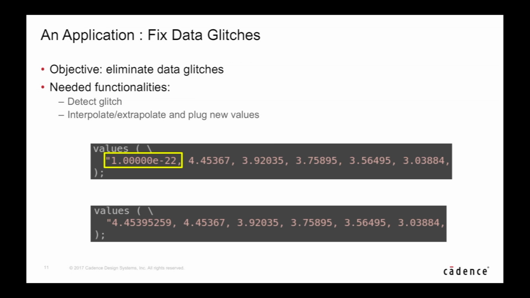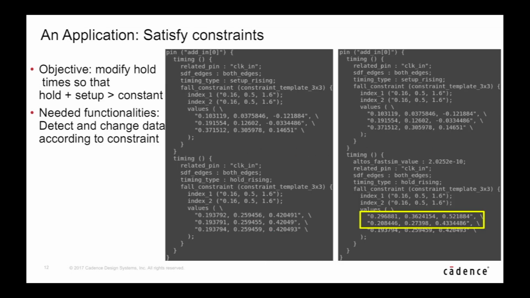Another application, for example, is that the user may ask us to modify the characterized hold times such that a specific constraint is satisfied, for example, that the hold plus the setup is greater than a specific constant. And again, it's very straightforward for the user to access all the data and create custom scripts to manipulate the results in any way needed.